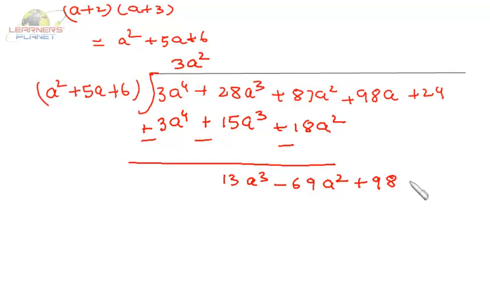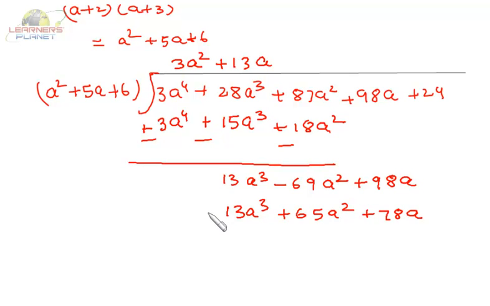It's 98a. Now the next term of the quotient will be 13a. So 13a into a^2 is 13a^3. 13a into 5a is positive 65a^2. Then 13a into 6 is 78a. So let's deduct it.